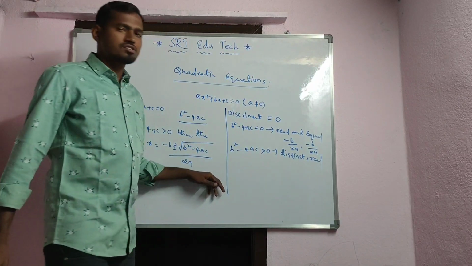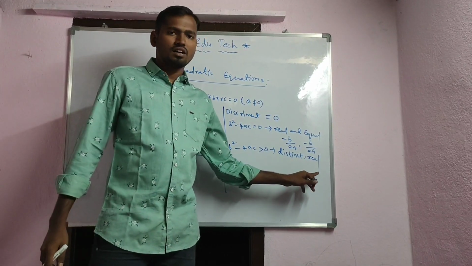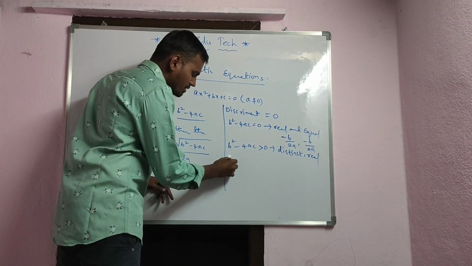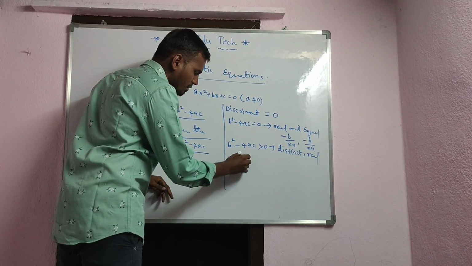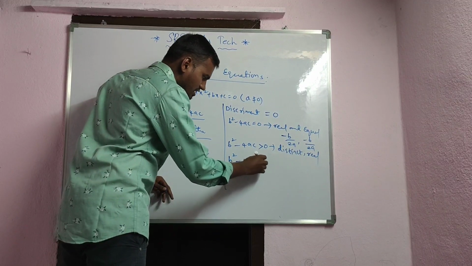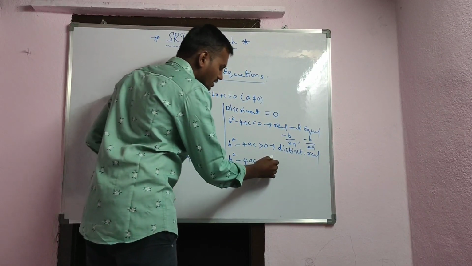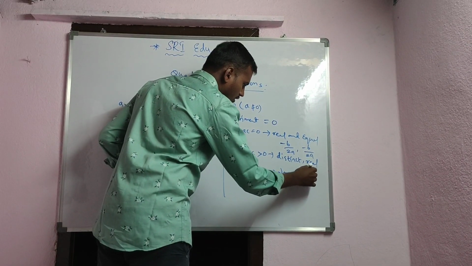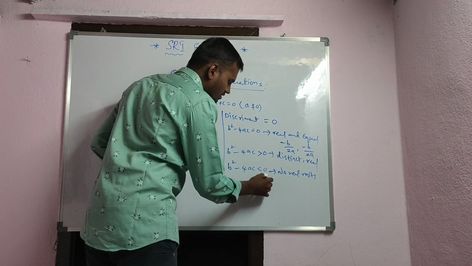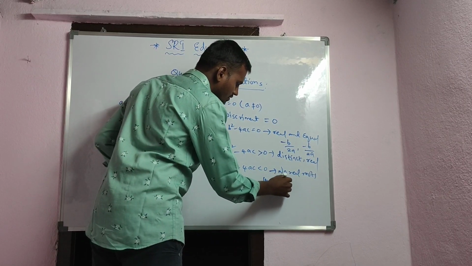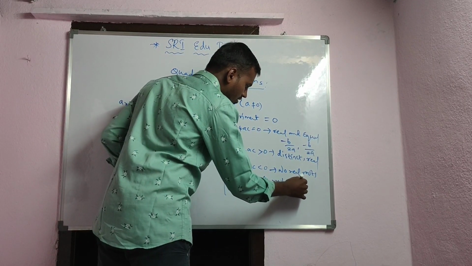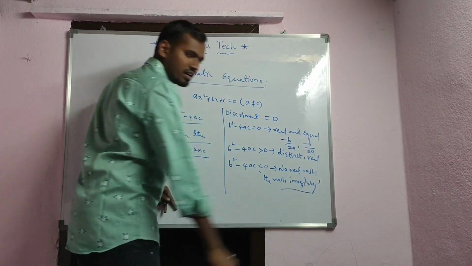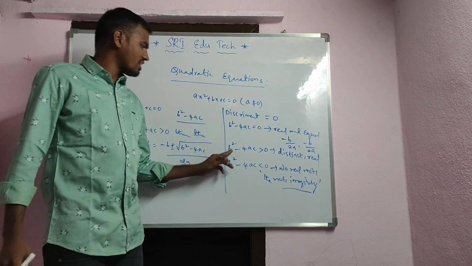Whenever the discriminant Δ = b² − 4ac is less than 0, then there are no real roots. The roots are imaginary. So these are three conditions you have.